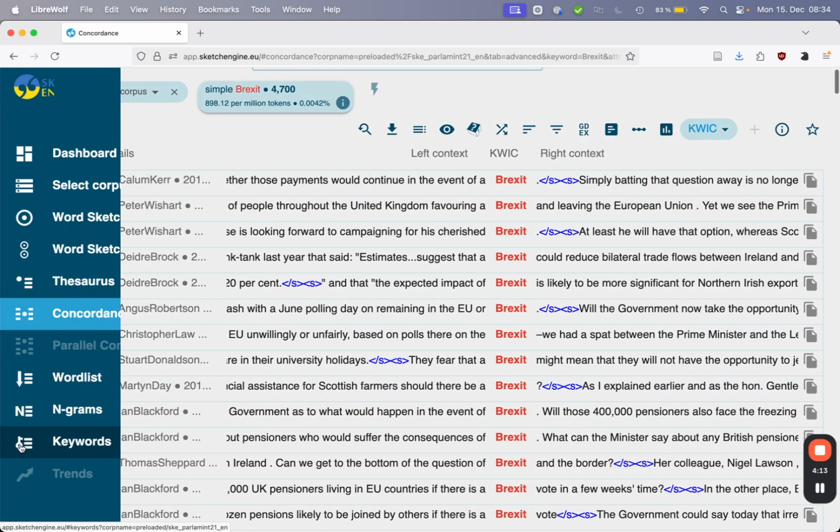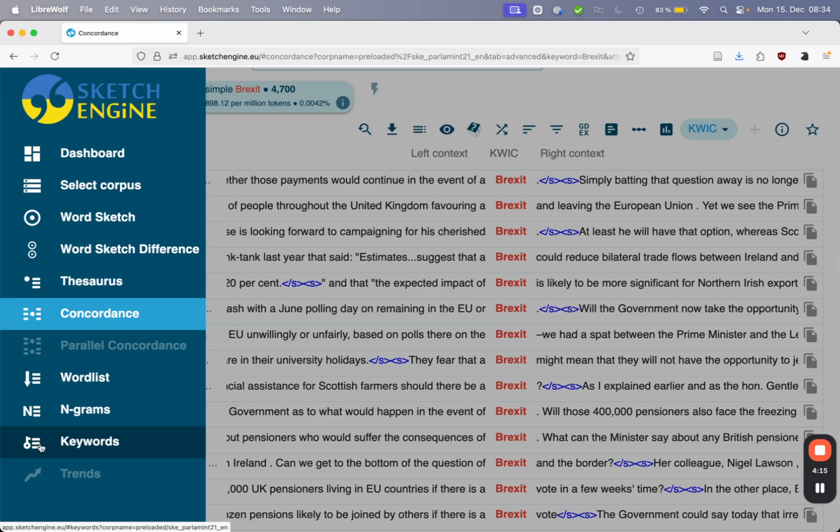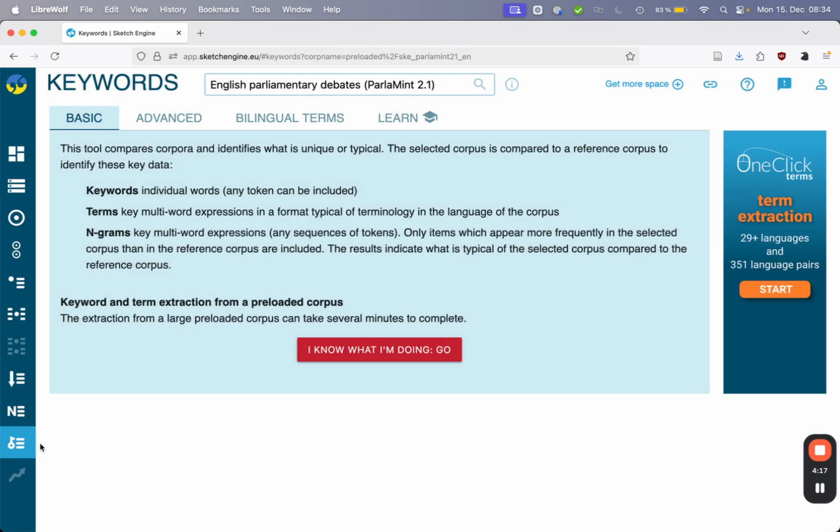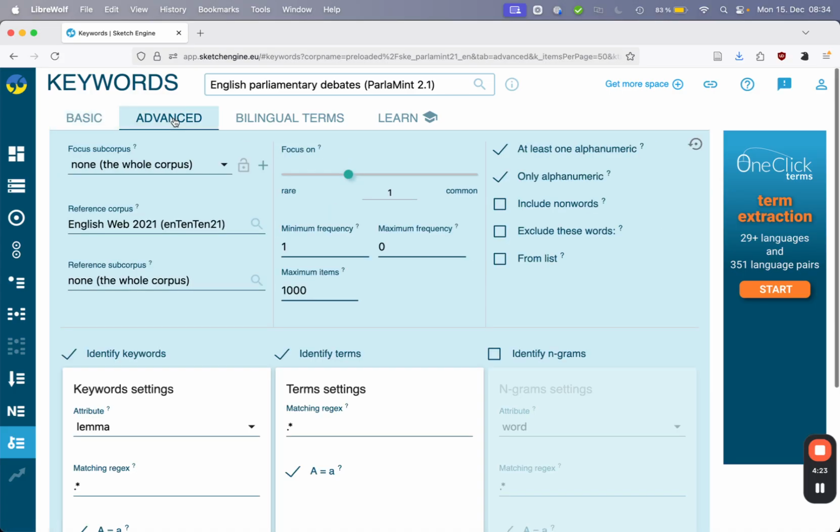I can also use a subcorpus to compute keywords. And you can read up about keywords here and also on the Sketch Engine documentation that I recommend. We're going to take the Advanced tab, and what we are going to do is look for keywords in a focus subcorpus, namely the SNP subcorpus.